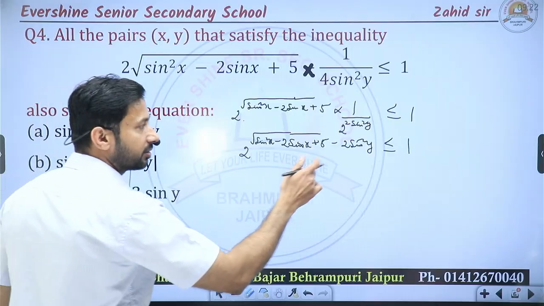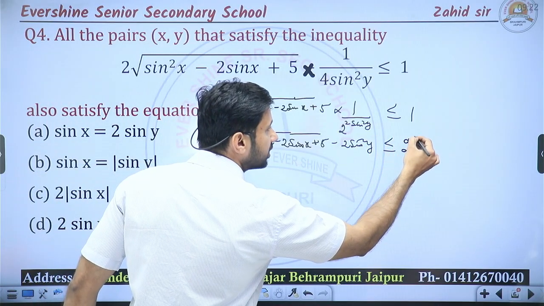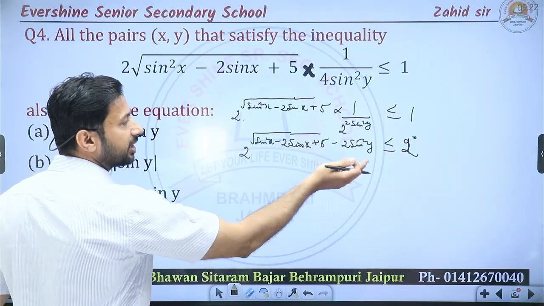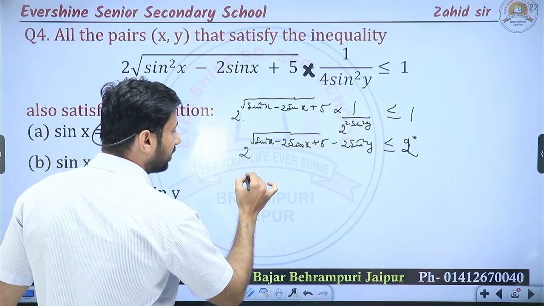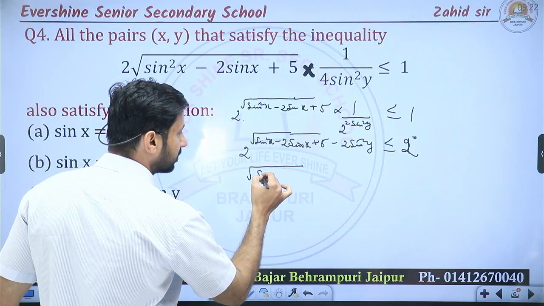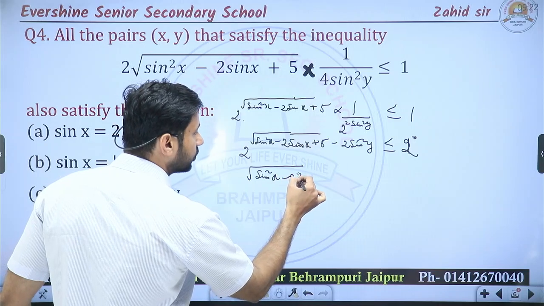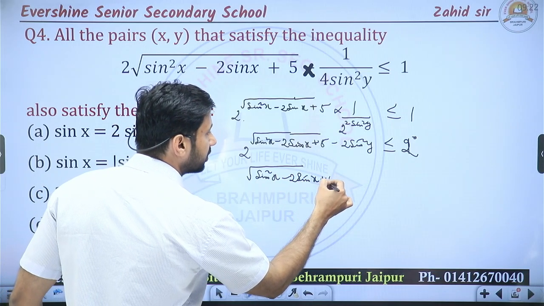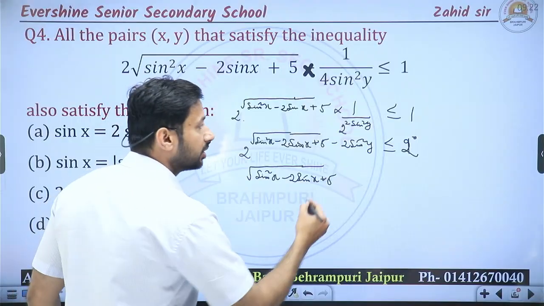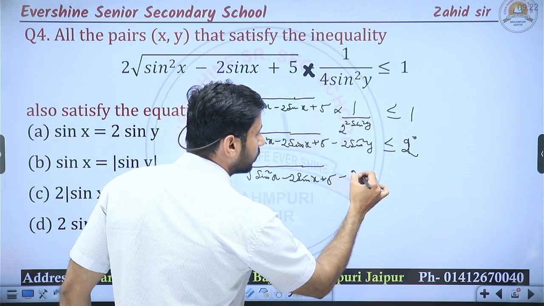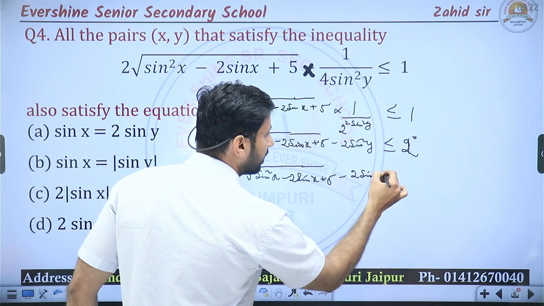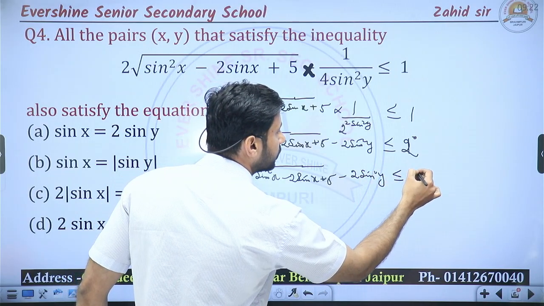Now this 1 can be written as 2 raised to the power 0. Now I can compare the powers. So it will be sine square x minus 2 sine x plus 5 minus 2 sine square y less than equals to 0.